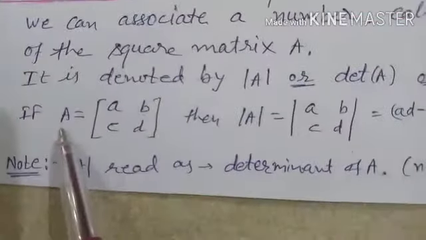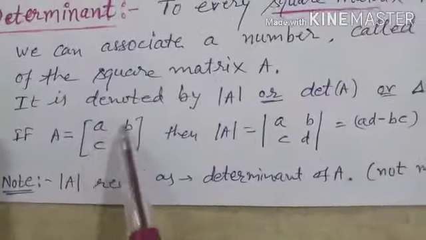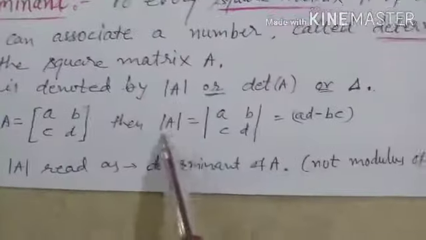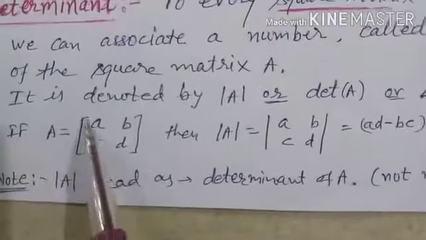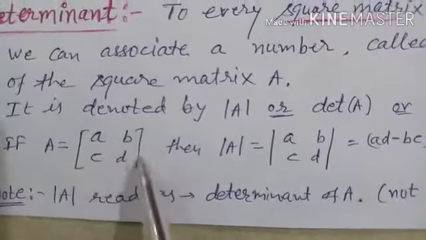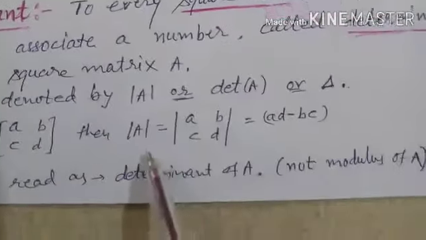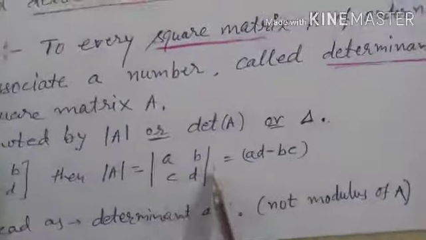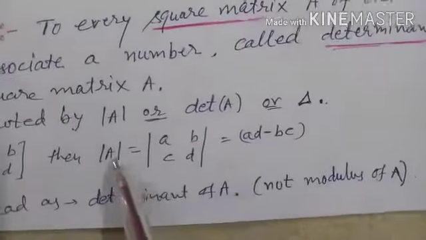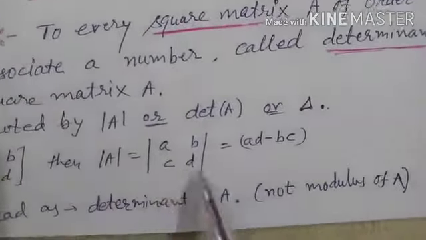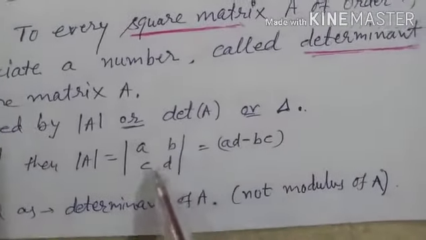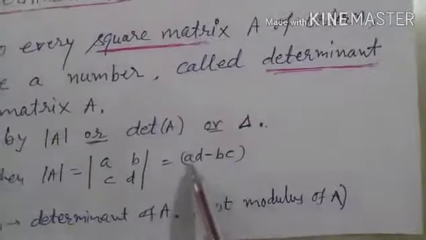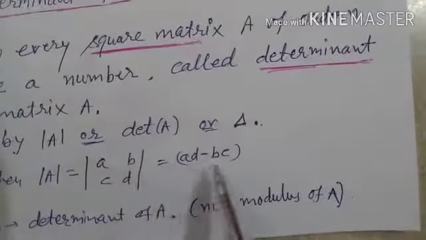Suppose matrix A is equal to a, b, c and d, then the determinant of A is, one thing you know, that this is a matrix in square brackets, but in a determinant there are only two vertical lines. So determinant of A is a, b, c, d, and the value of this determinant is a into d minus c into b, or b into c.